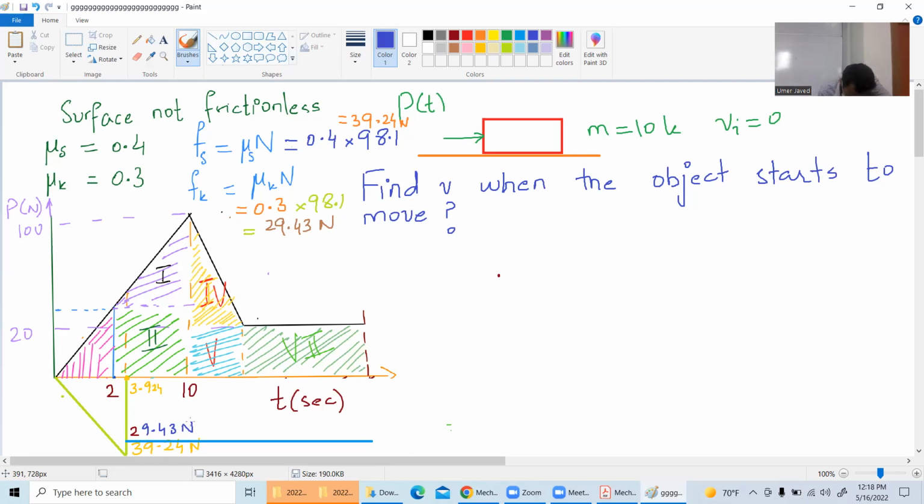So let's say V2 is equal to, at 3.924 seconds, the object starts to move.